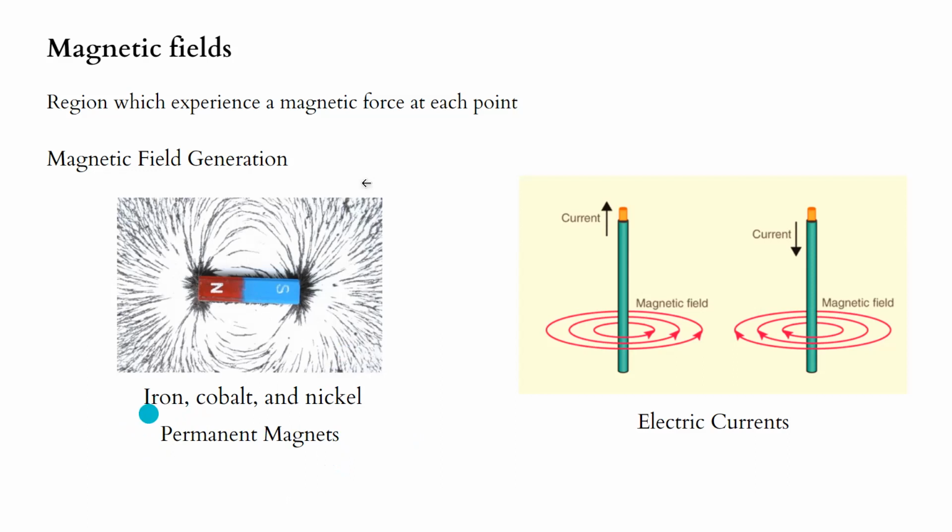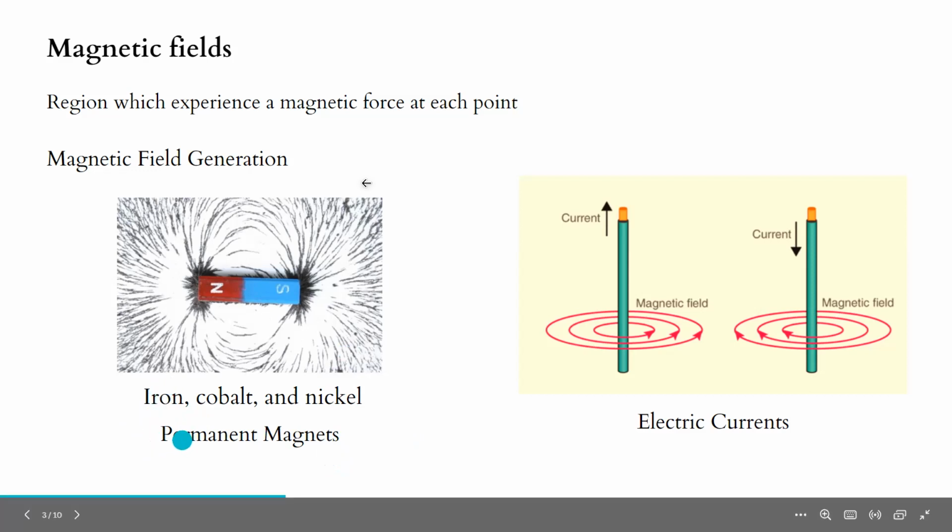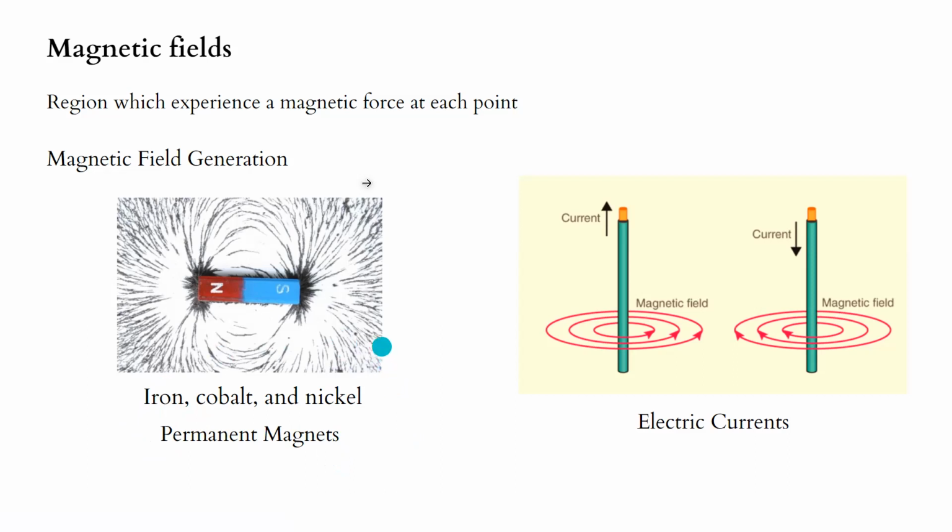Once we keep such permanent magnets in an area where we have, for example, graphite powder, then we can see the magnetic field lines generated around the permanent magnet.